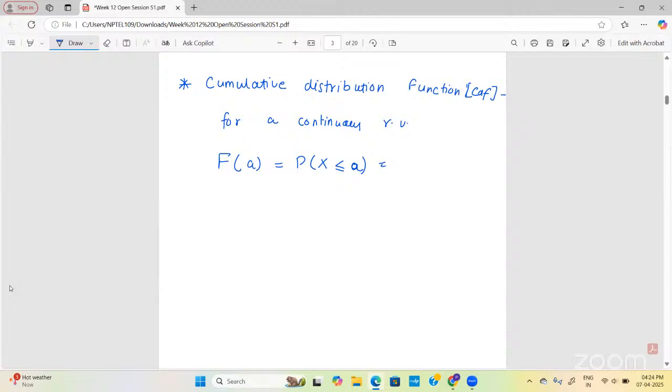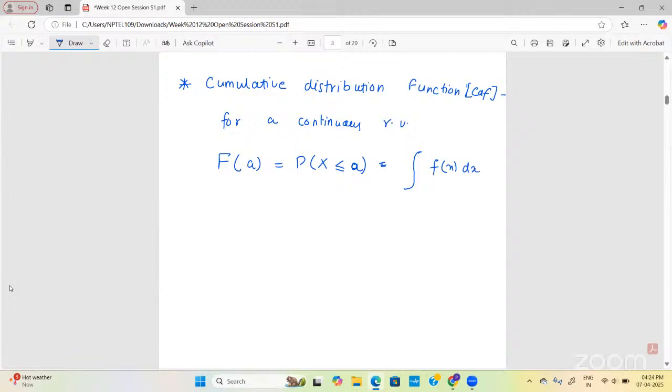So we cannot add the probabilities for distinct points. Okay. So what we use is integration, for a continuous random variable always. So we have to integrate this function, the PDF.